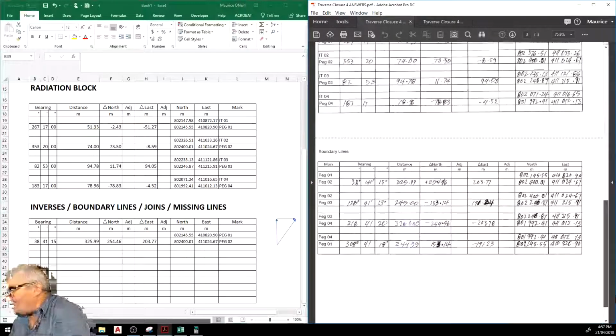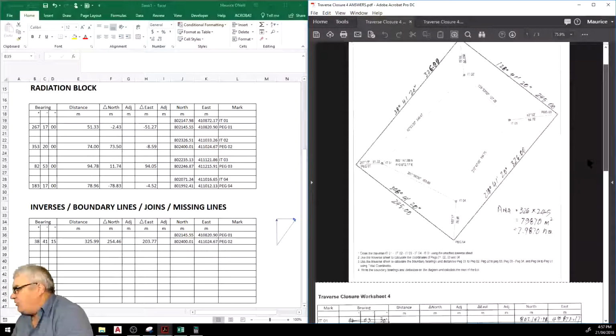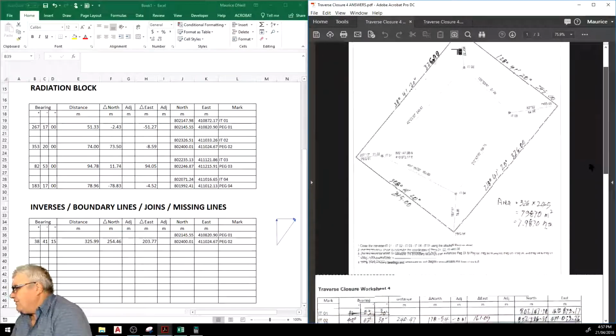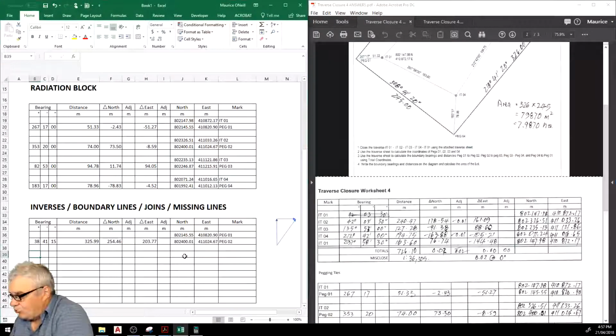I think I got 38, 41, 1325.99. For some reason I rounded it up, but I think I've got 0.99. Okay, so it's going to be peg 2. That's pretty simple. Control C, and let's just put that in there like that.